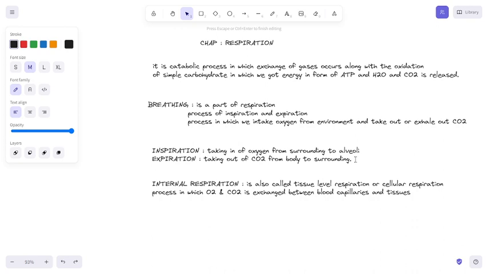Now the second kind we have is external respiration. External respiration is also called pulmonary respiration.